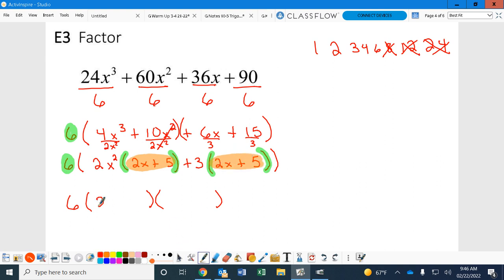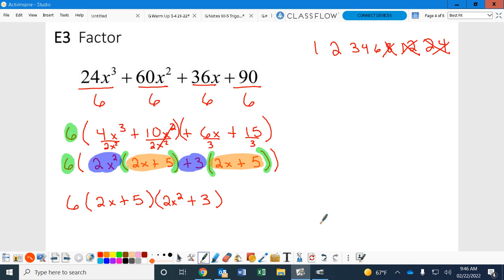That goes in the first one. And then the second one is everything else. Well, what else do we have left? We have this 2x squared and this plus 3. It's everything that's not in a parentheses yet. So 2x squared plus 3.